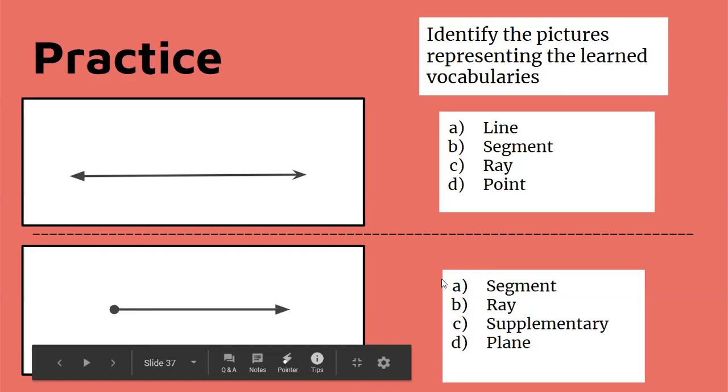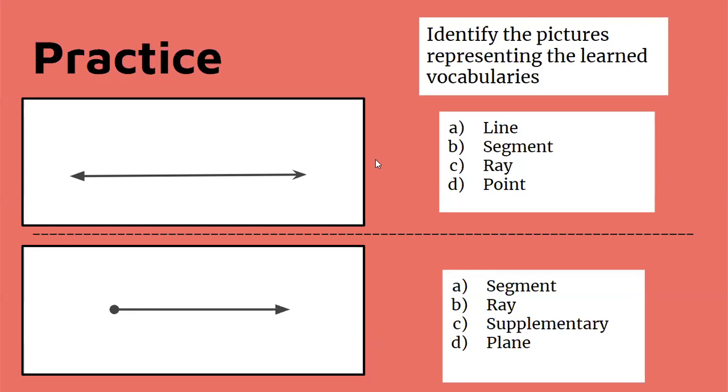The options here are A, segment, B, ray, C, supplementary, and D, plane. All right, so I'll pause the video and let you guys do the work. Finish figuring this out in 3, 2, 1, pause.